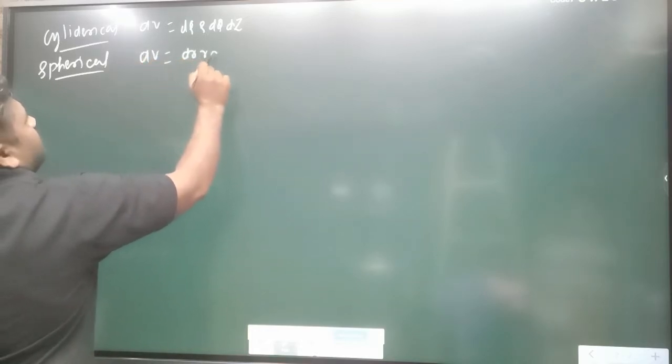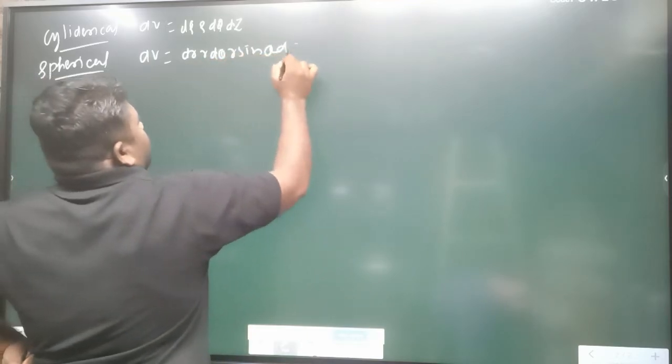This system is a cylindrical system. Next, the spherical system: dV is dr, r d theta, r sin theta d phi.